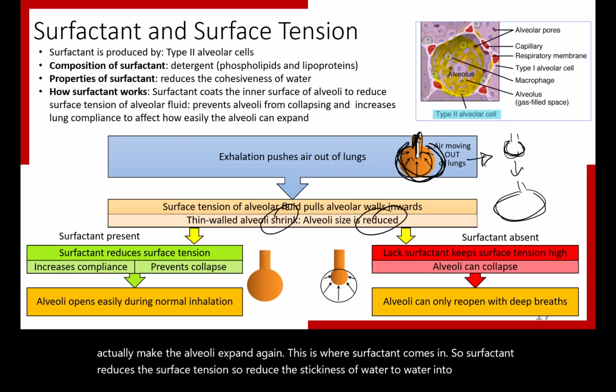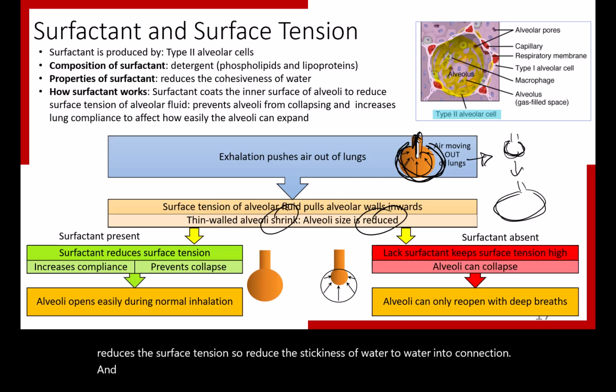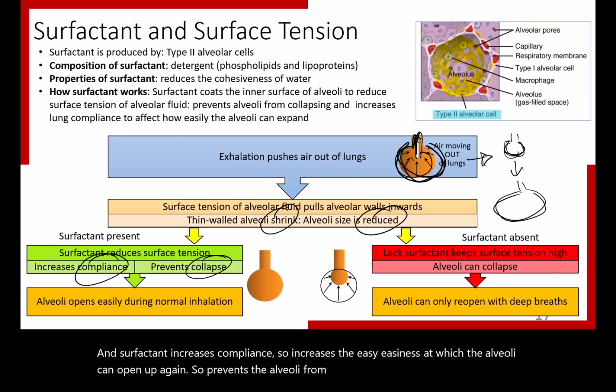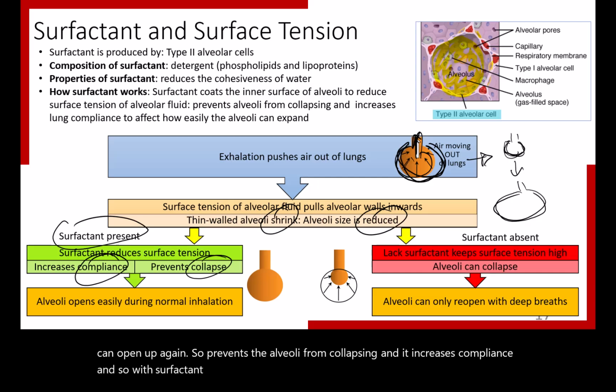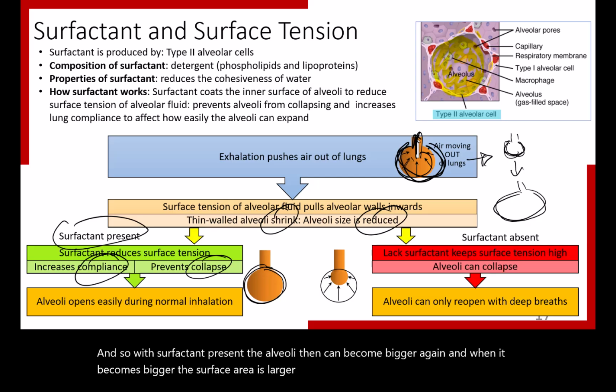And surfactant increases compliance, so it increases the easiness with which the alveoli can open up again. So it prevents the alveoli from collapsing, and it increases compliance. And so with surfactant present, the alveoli can become bigger again. And when it becomes bigger, the surface area is larger, and so gas exchange can happen more easily.